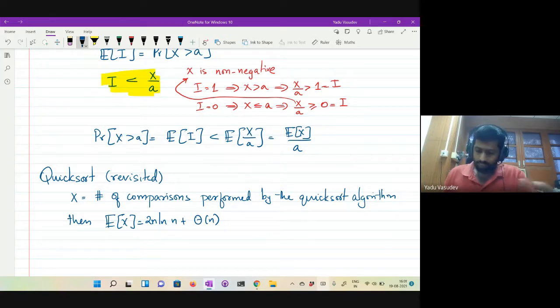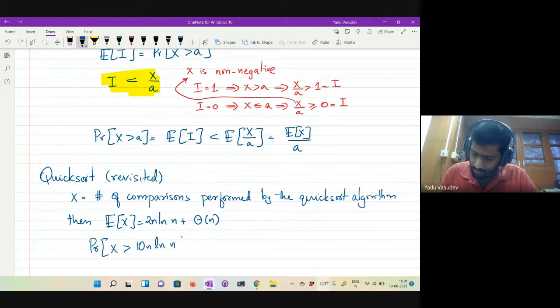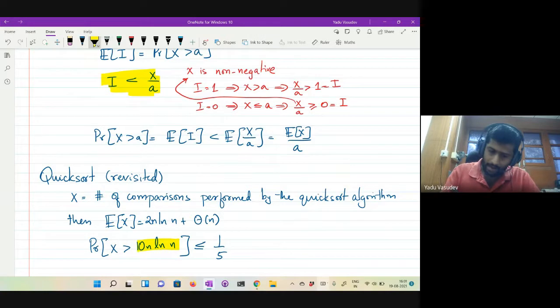So if you use Markov's inequality directly, what you can say is that the probability that x is greater than, say, 10n ln n is less than 1 over 5. Because this is your a, like 10 times the expectation.